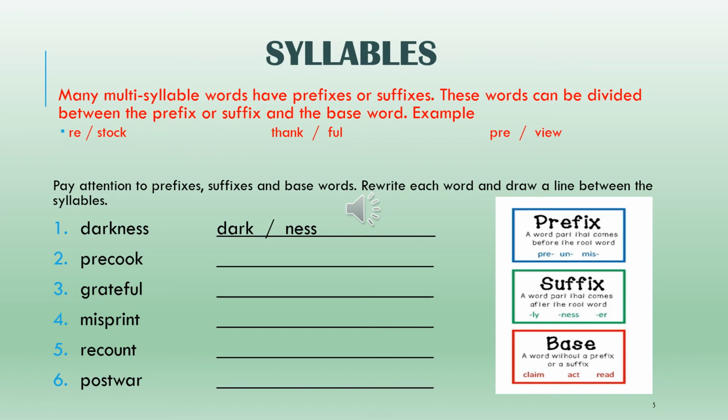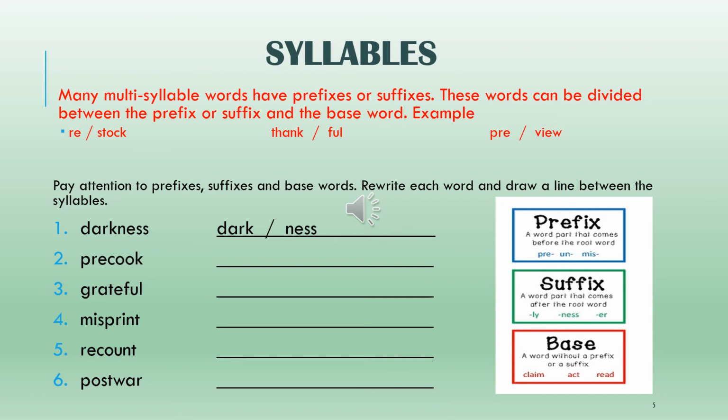Then we have temple, and the word is divided between ten, which is the base word, and full, which is the suffix. And the same thing is going to happen to preview. View is the base word, and pre is the prefix.